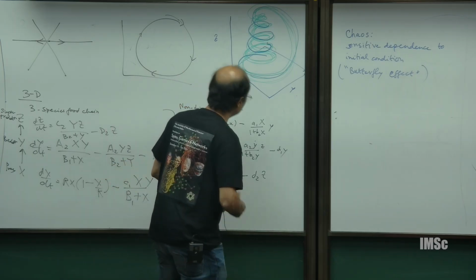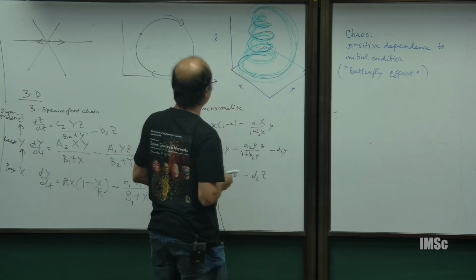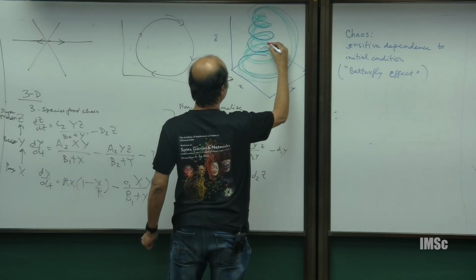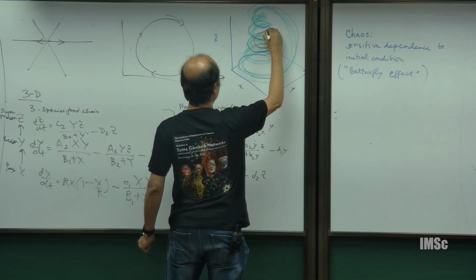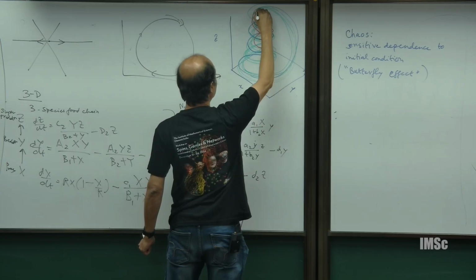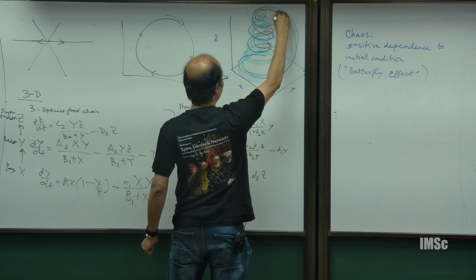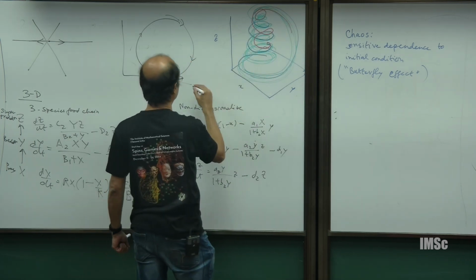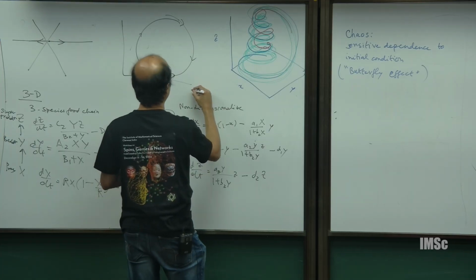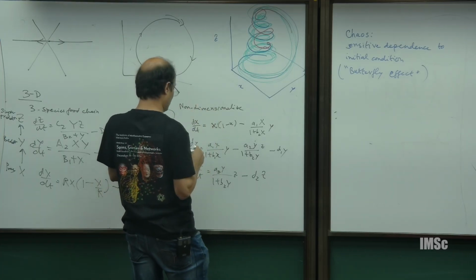Initially you expect them to more or less follow each other, but very soon they will start diverging and you could get a very different behavior. So even though it looks like the same trajectory, the time series would look extremely different.